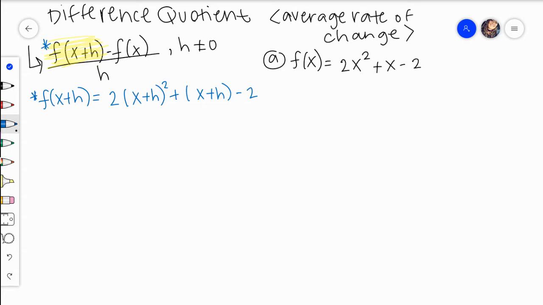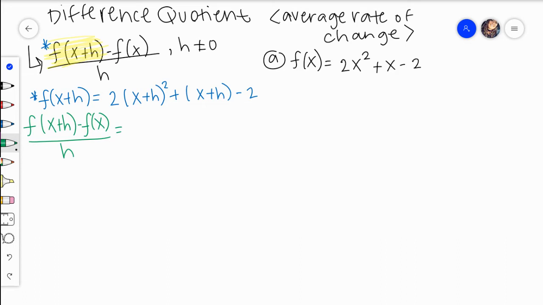So that's me going ahead and plugging in x plus h. And then now I can go on and actually do the whole numerator, which will be f of x plus h minus f of x all over h.